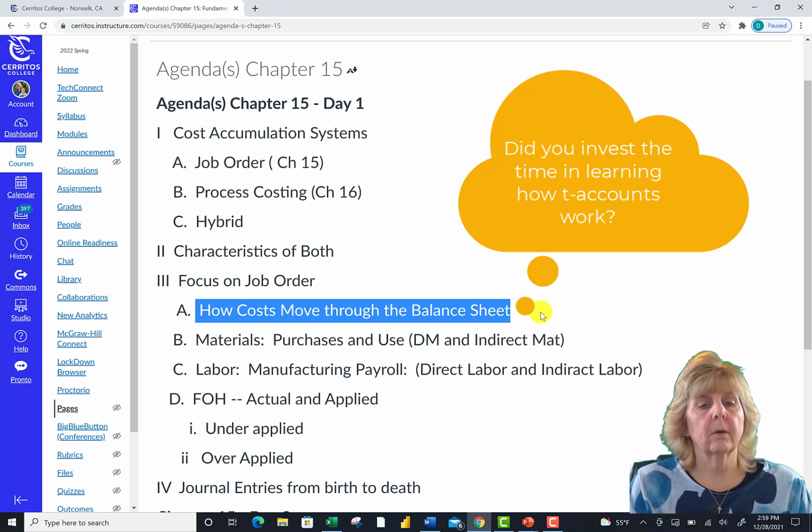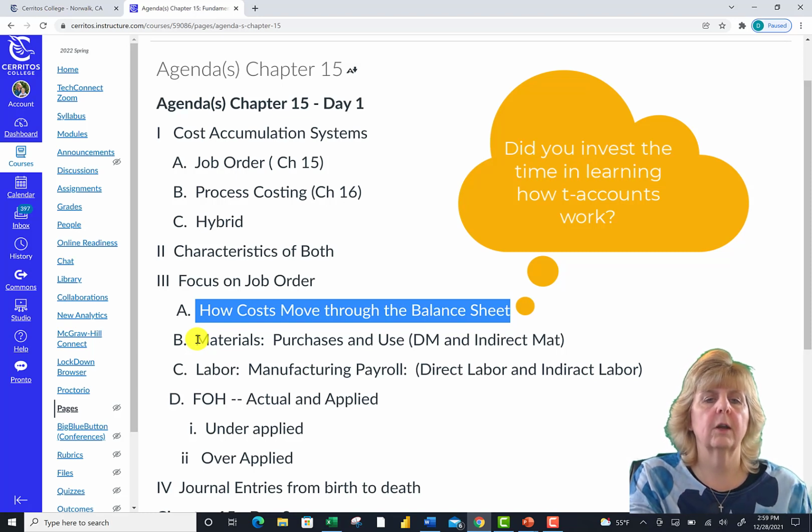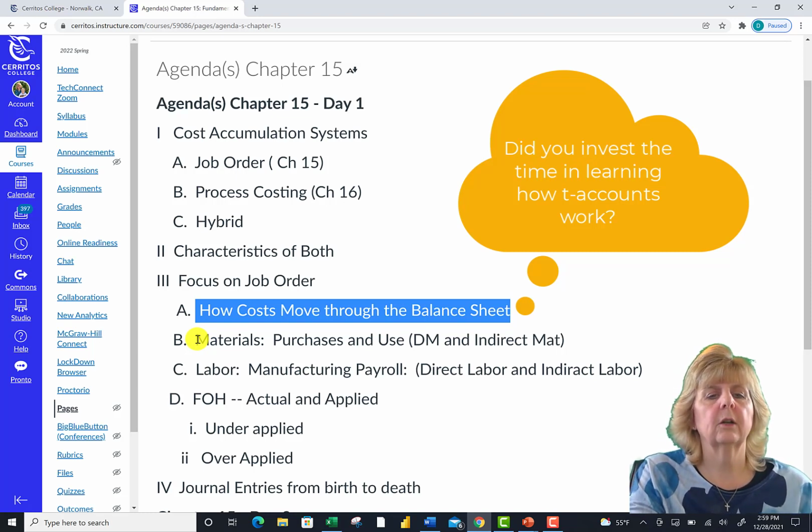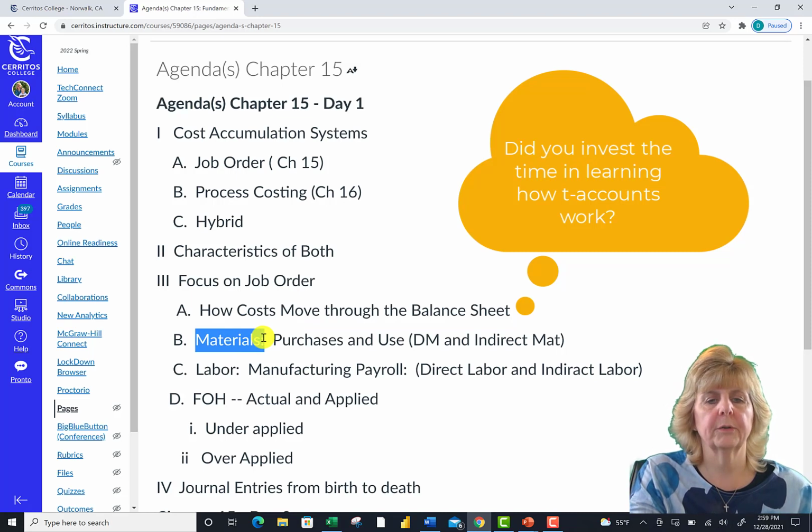So remember, there's 3 types of product cost. And so accordingly, we're going to take a look at all 3 costs and how they move their way through the accounting system in a job order manufacturing environment. So we'll take a look first at materials. Okay, think about that materials account.